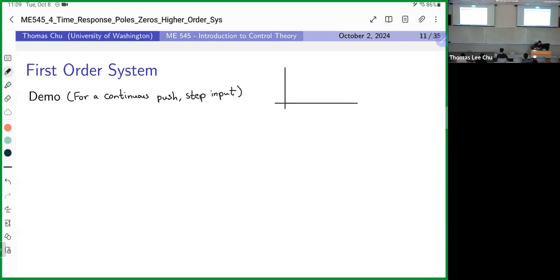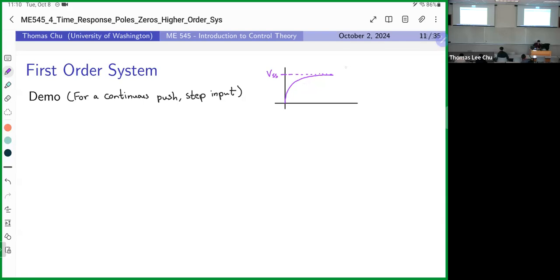But the response is going to look like this. We're going to have an exponential decay to a target steady state value, and I'm going to call this V of steady state, VSS. So that's my steady state value. It's going to decay like that, and this is still an exponential decay.